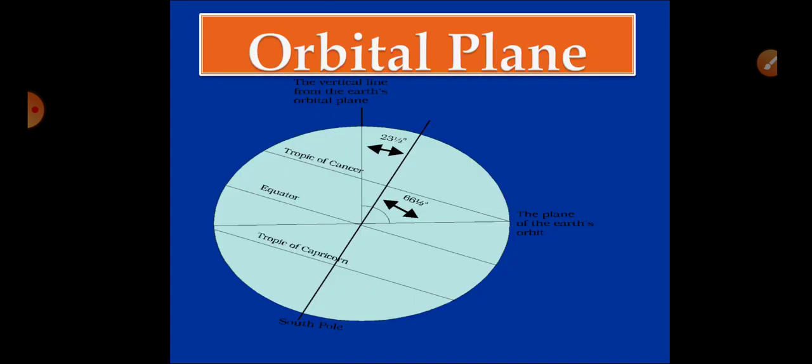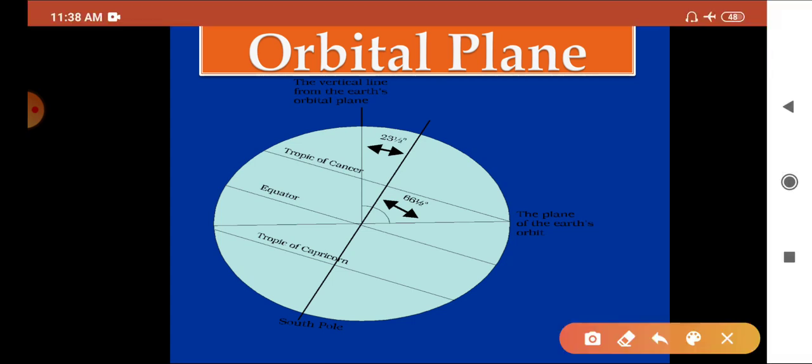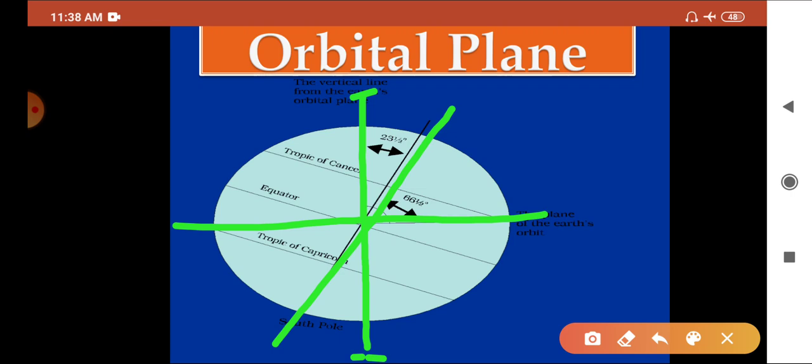Here you can see that this is the axis of the earth joining the north pole to the south pole, whereas the circle of illumination is in the center, exactly in the center, a vertical line joining one edge to another edge. So you can see that it is making one orbital plane on this equator.